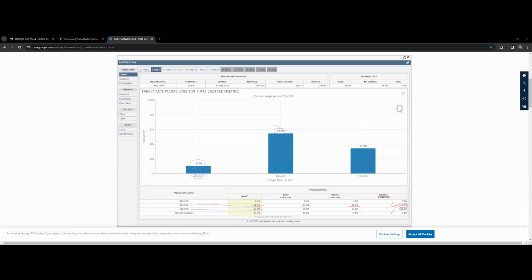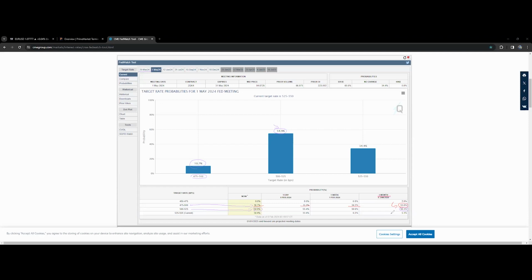But what Jerome Powell wants is even lower inflation, even closer to 2%, to actually come in and say, okay, now we're going to cut the rates. But remember, it's very, very probable that this will actually happen this year. So there's nowhere to run.